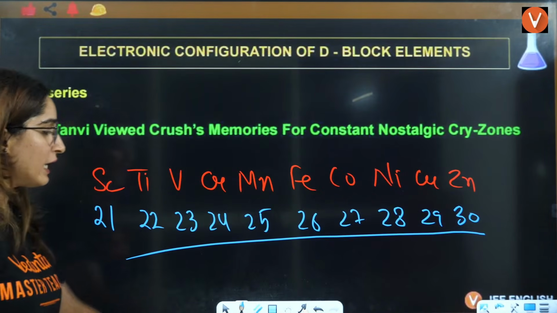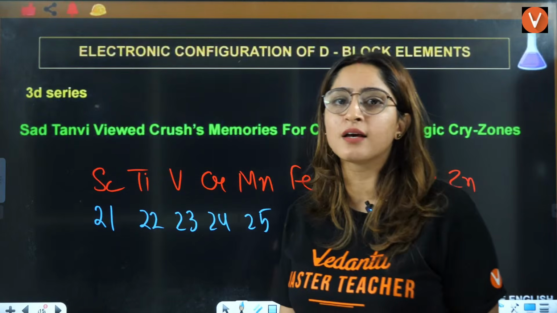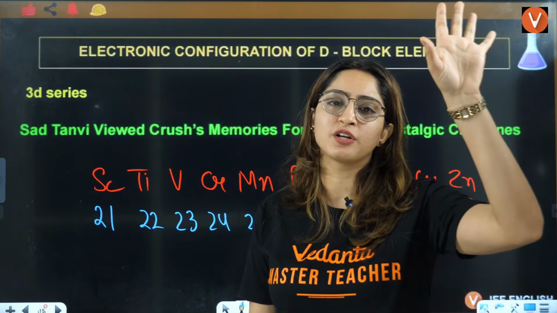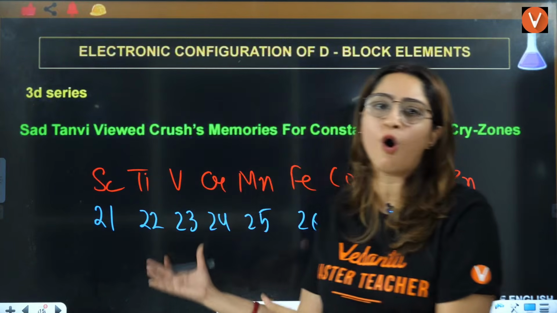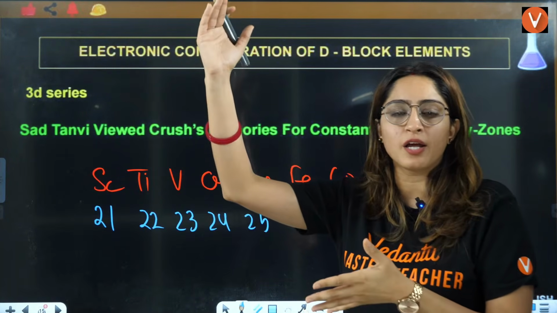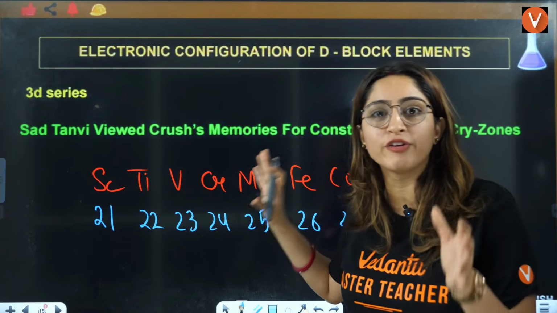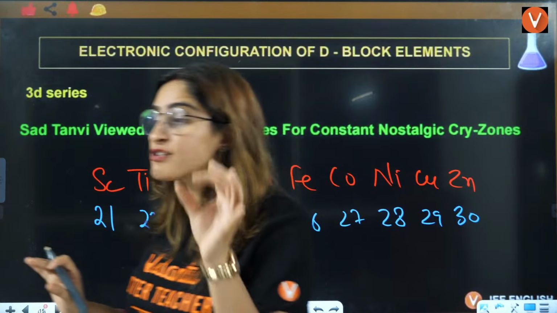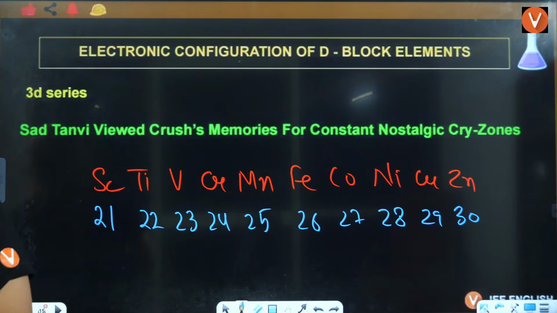And if you don't know how to do the electronic configuration of the 3D series, forget about coordination compounds, because the entire coordination chemistry is based on the 3D series electronic configuration. So let's first understand the electronic configuration.